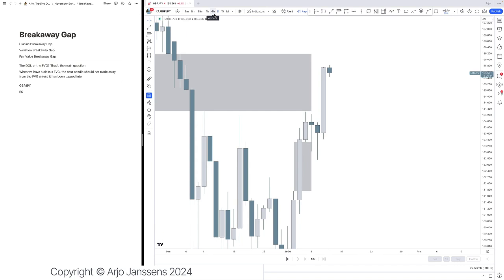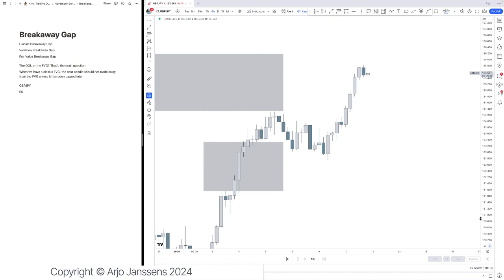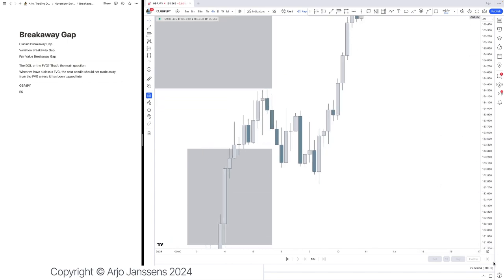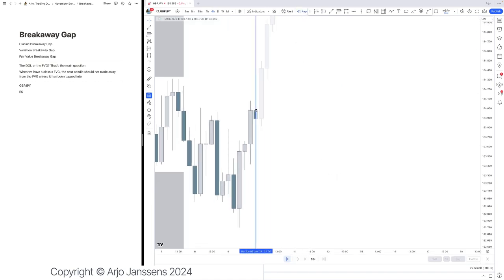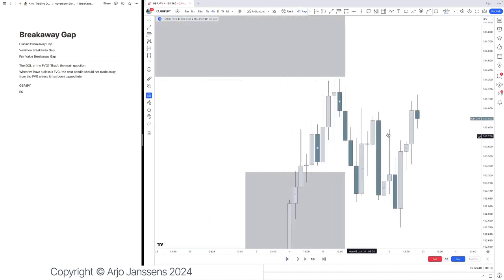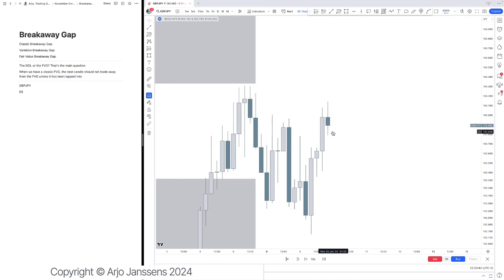Perfect. So here on the daily, we didn't really have anything, but on the 4 hour, we had very interesting price action. And on the forecast, I mentioned that the price action was right here, this down candle was actually forming at the moment that I created the forecast.